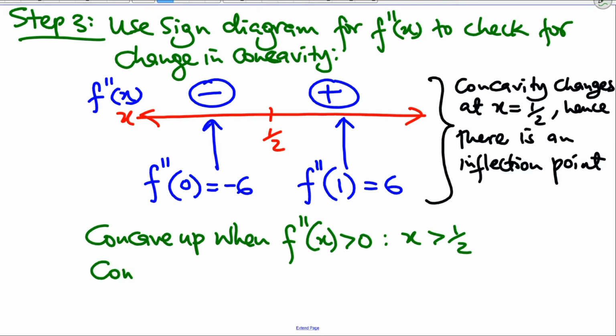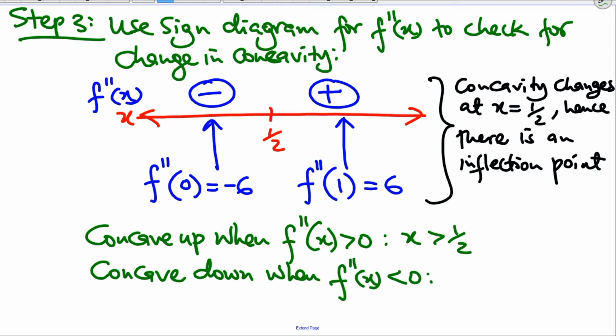And concave down when the second derivative is less than 0, which means when it's negative, when x is less than a half. So that answers part of the question.